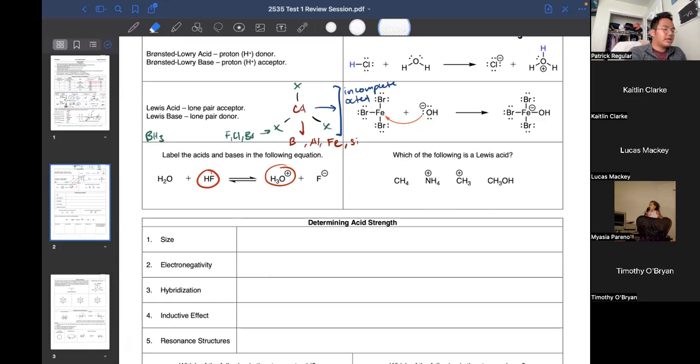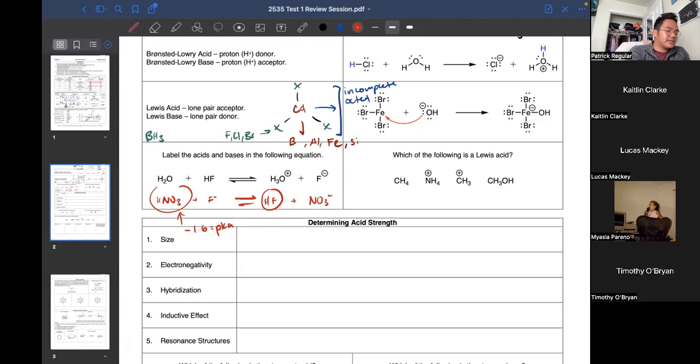So for example, HNO3 plus F minus gives HF plus NO3 minus. Identify your acids: nitric acid and hydrofluoric acid. This pKa is a lot smaller. Let's say it was negative 1.6. And let's just say the other pKa was 2.